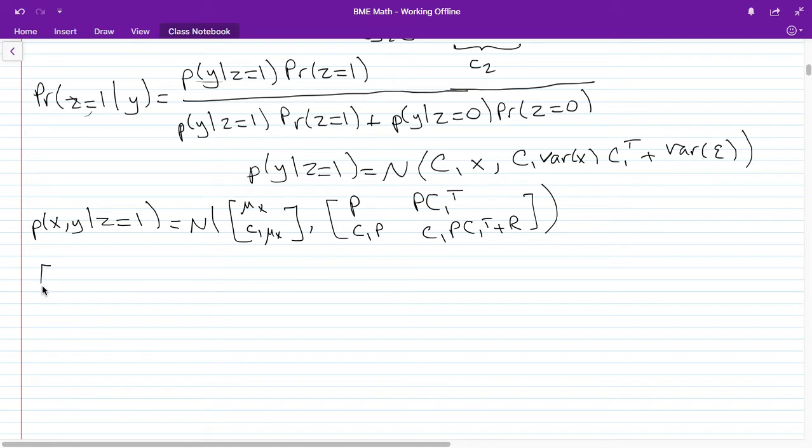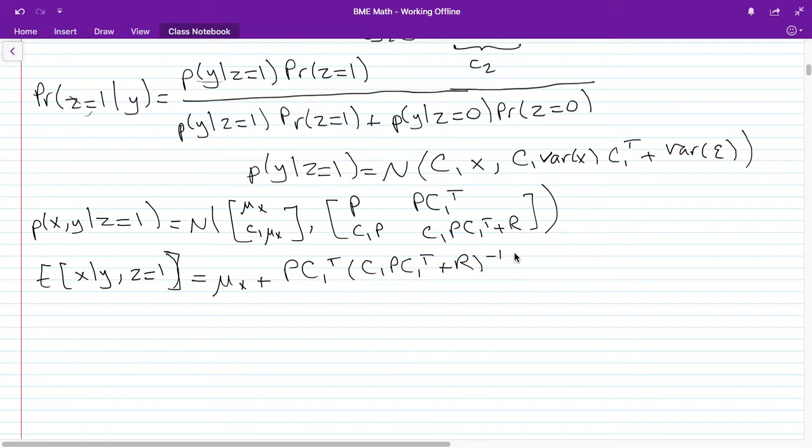So the expected value of x given y and your belief that it had a single source, z is equal to 1, is the mean of x plus the Kalman gain, which is P C1 transpose, C1 P C1 transpose plus R inverse, times y minus C1 times mean of x.